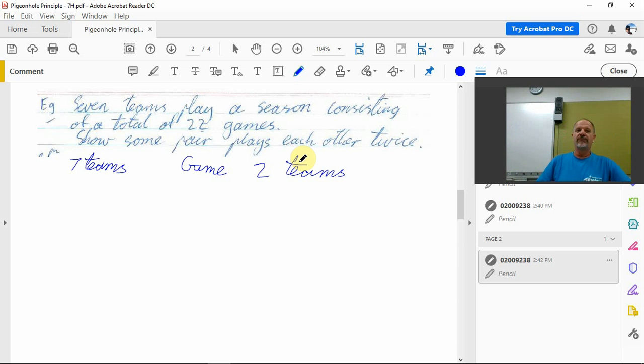So for each team to play each other team once, from the 7 teams, we need to choose 2. How many different ways could we do that? That is 21. So we need 21 games for each team to play every other team once. They're the different combinations.